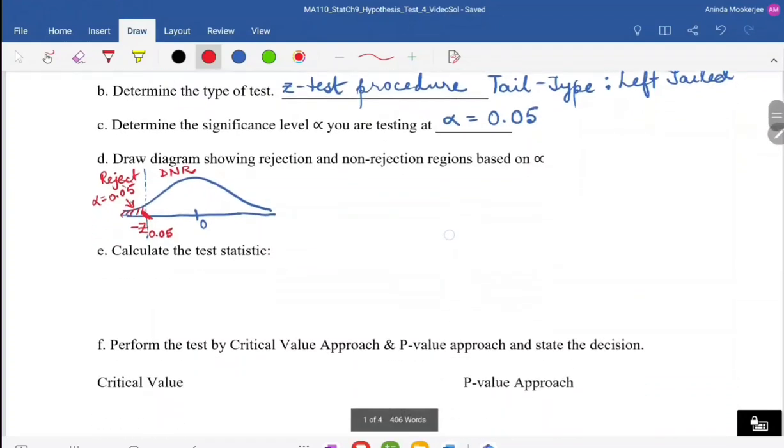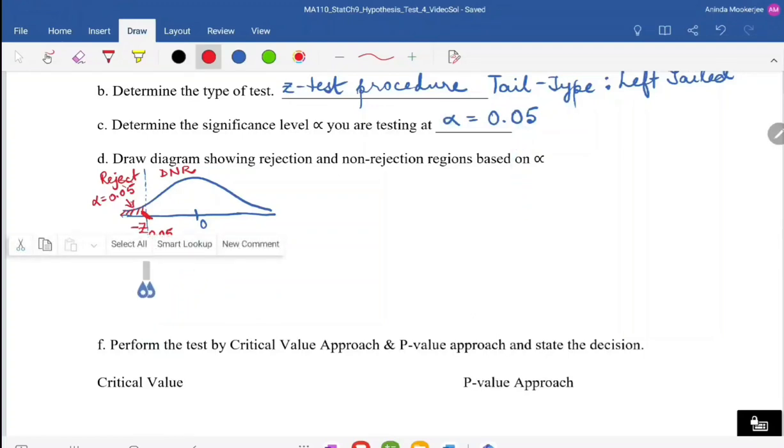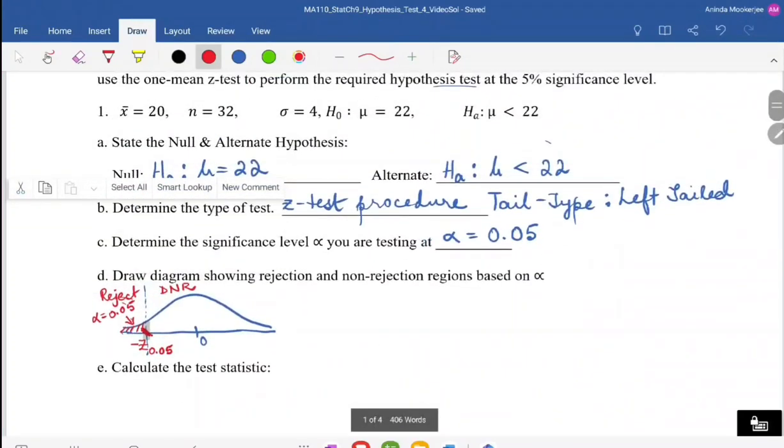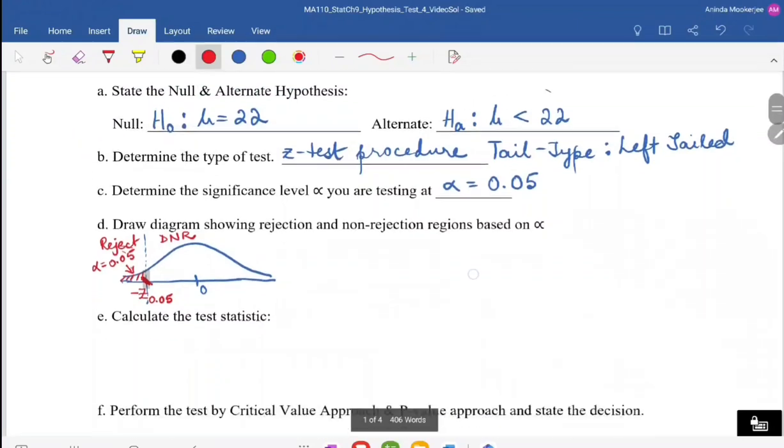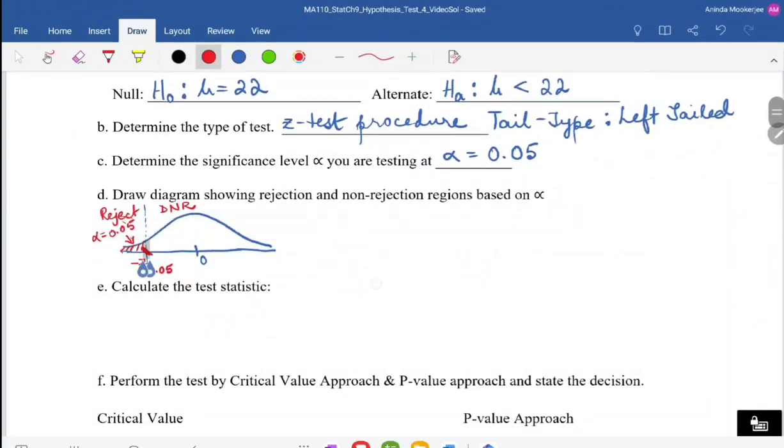Now, part E says calculate the test statistic. This is what our evidence is going to be, and this test statistic will be obtained from our sample data, which is x bar and the value of sigma. We will use those to come up with a test statistic.